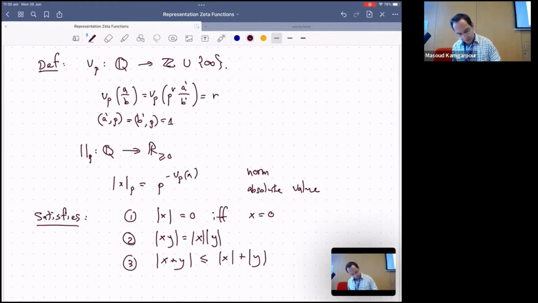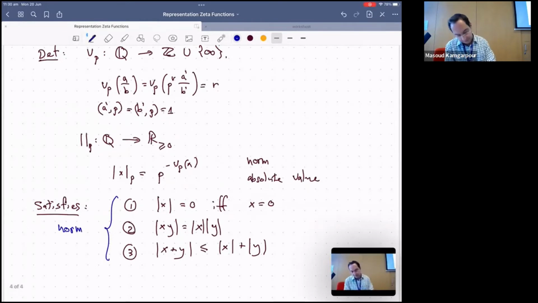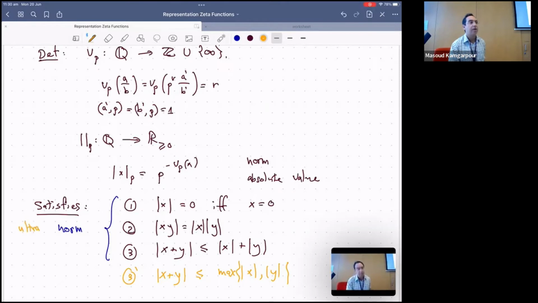Now, this is the definition of a norm. But if this function satisfies the stronger requirement that |x plus y| is less or equal to the maximum of |x| and |y|, then this is called an ultranorm.